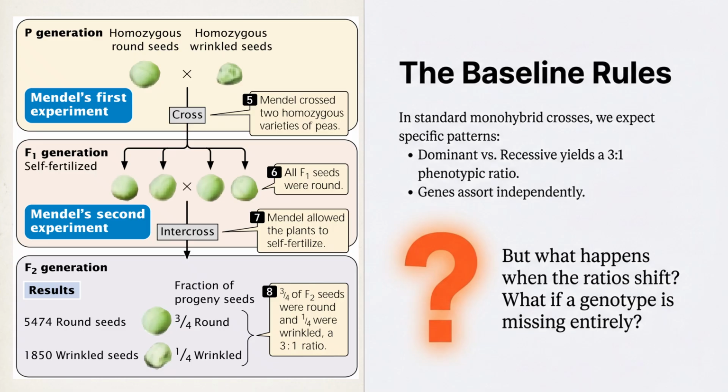Dominant versus recessive yields a 3 to 1 phenotypic ratio in Mendelian crosses, and genes sort independently. But what happens when a specific genotype simply disappears from the population?